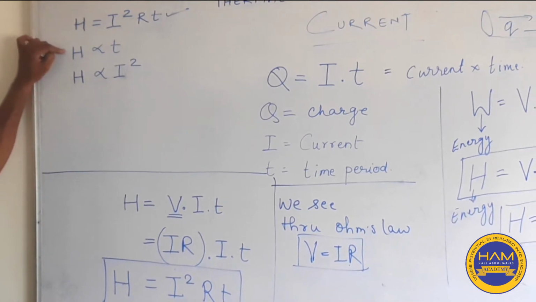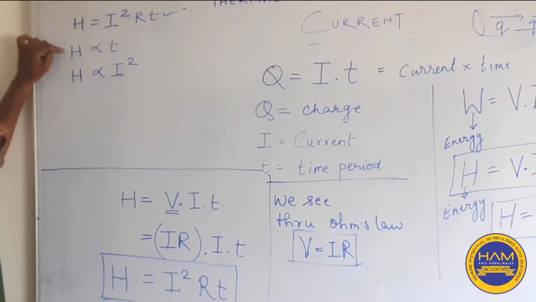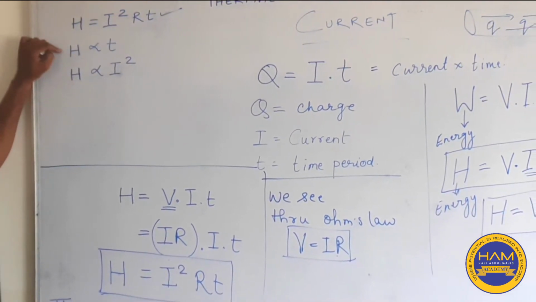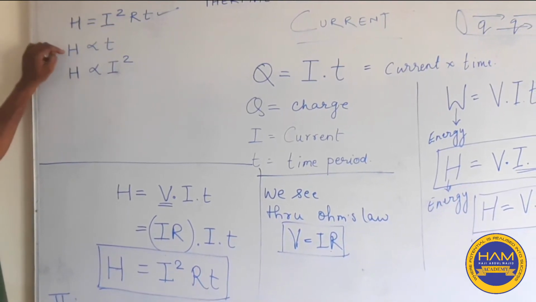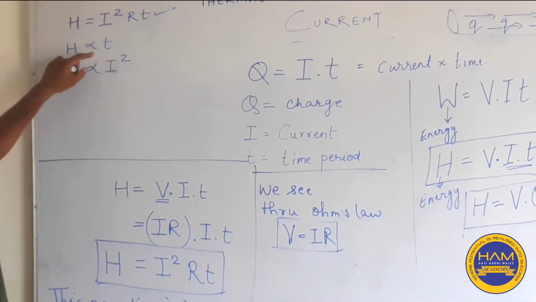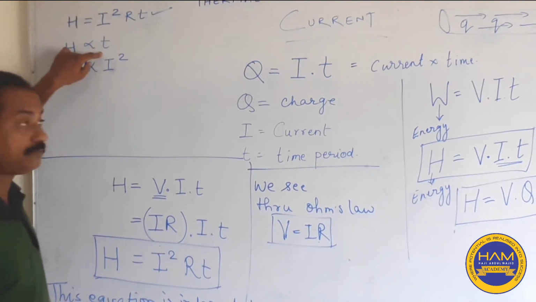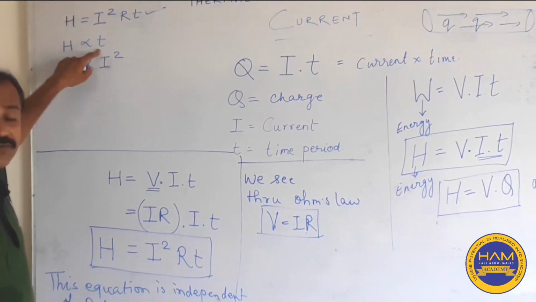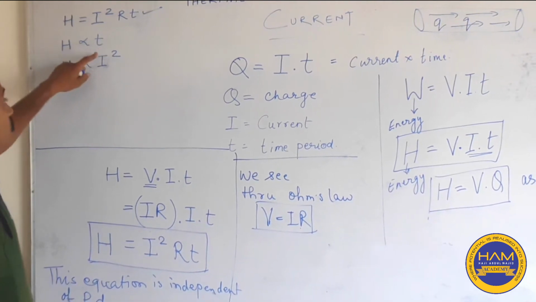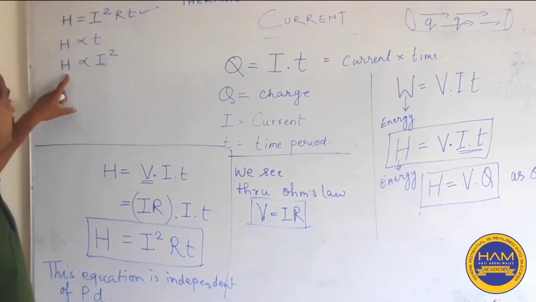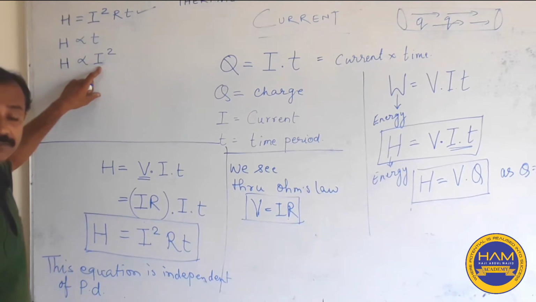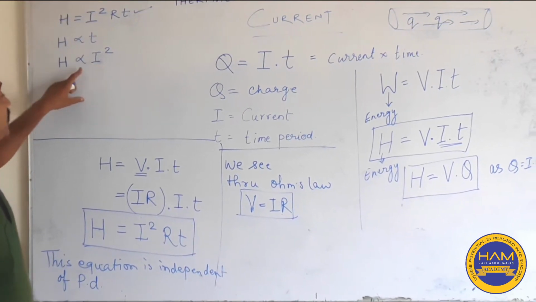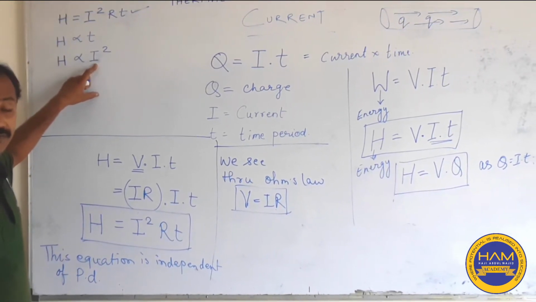Now heat is definitely very dependent on time, or it is proportional to time. The more the time it takes for the current to flow or the charges to flow, the more heat is generated. Similarly, if we come down to this equation, the heat is directly proportional to the square of the current.